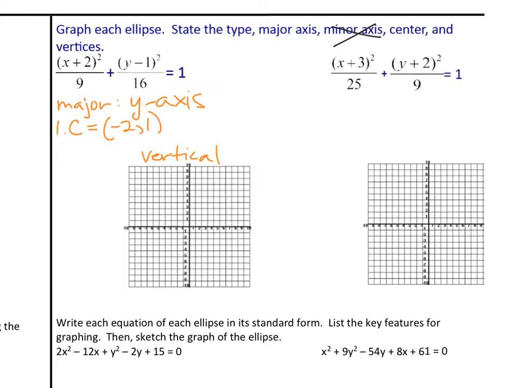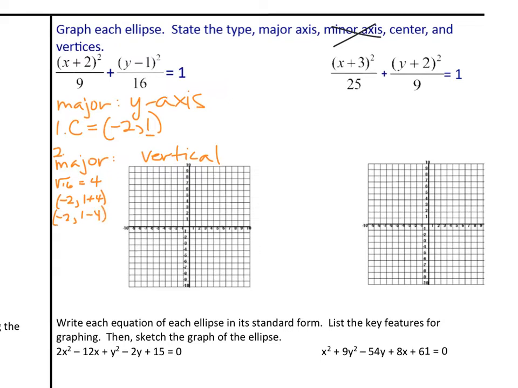To get our major vertices, we know that the square root of 16 is 4. So from the y coordinate of the center, we're going to add 4 and subtract 4, since y is the major axis. This means we'll do (-2, 1 plus 4) and (-2, 1 minus 4).